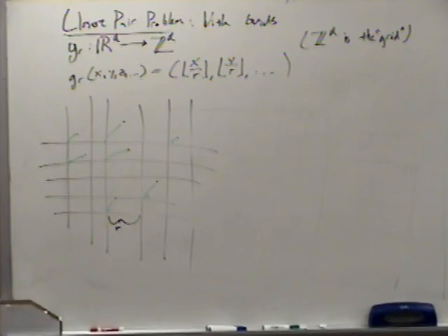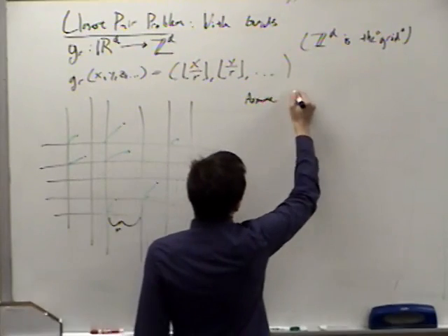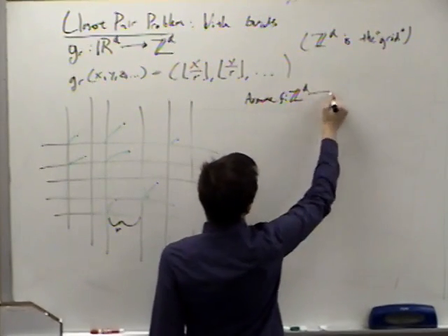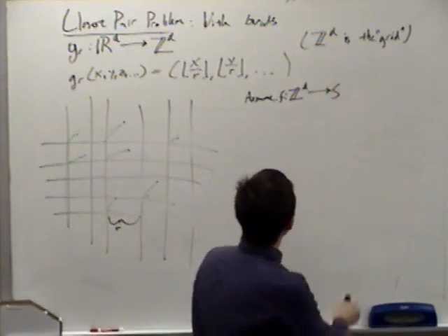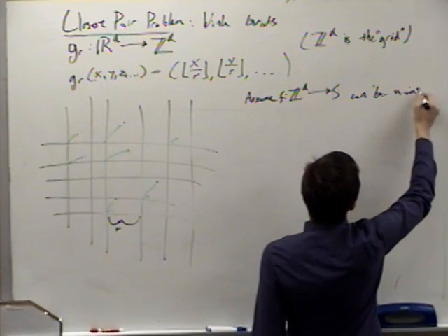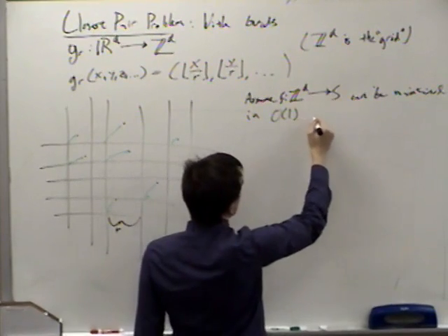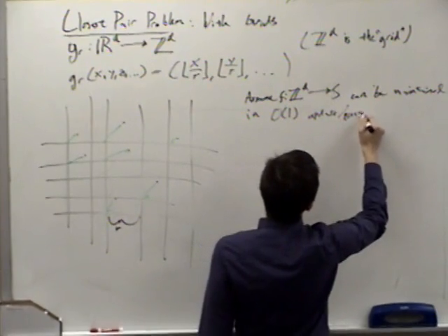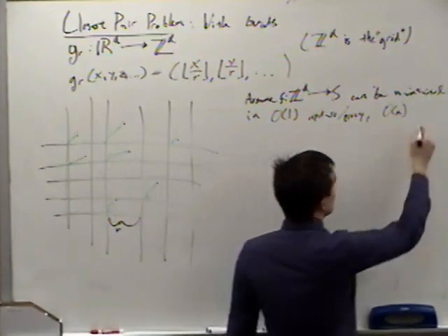So we'll basically assume maps of the form Z^d to some other type S can be maintained in order 1 update or query time, and order the size of the number of entries in this map space.